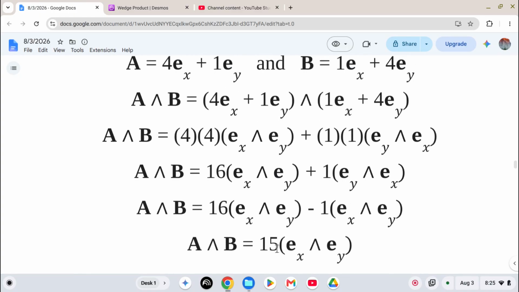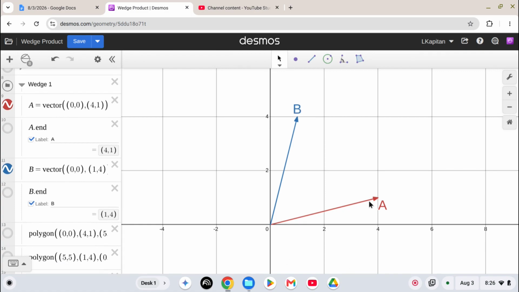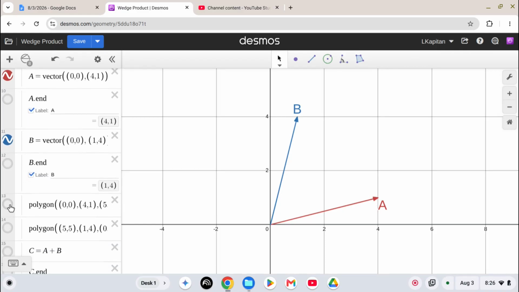So this is actually the area of that parallelogram. Let's go look at it. Here's vector A, and here is vector B. I'm going to wedge A with B. It's important in these wedge products which direction you go. I'm going counterclockwise, so that's going to be a positively oriented plane.